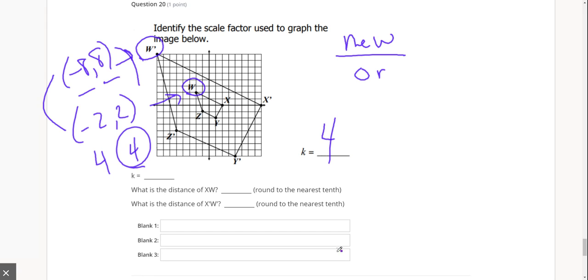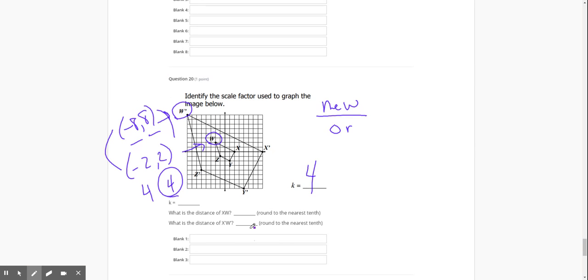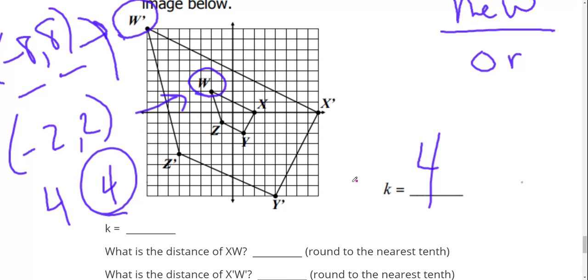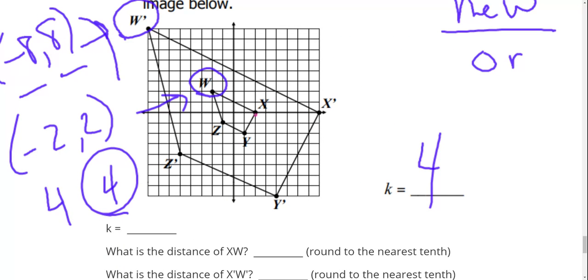Okay. The second part of that question is distance. Just because we learned that a couple of units ago doesn't mean we can ignore it. So what I do is I draw that slope triangle, right? This is the easiest way for me to do it when it's on a graph. I've got a 2 and a 4, and then this is the hypotenuse, that's C. So 2 squared plus 4 squared equals C squared.